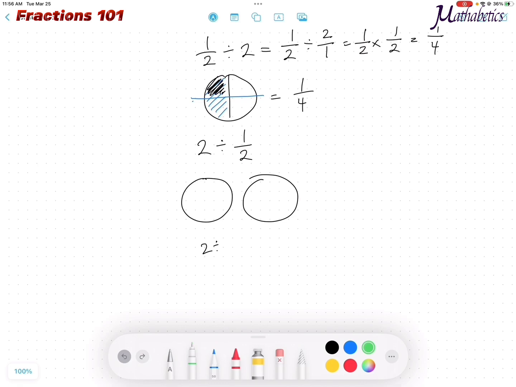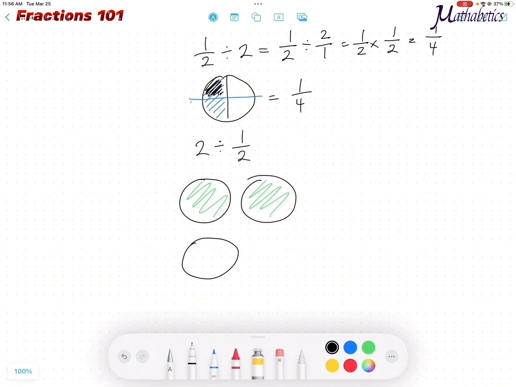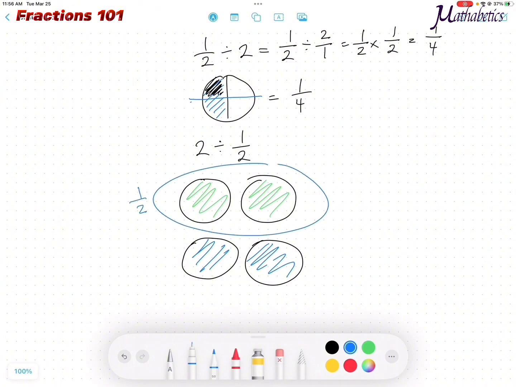But I'm dividing by half, meaning I'm treating this whole thing as one of those pieces. Now, what happens to the other part? Well, that means I need to add exactly 2 more of these so that I can take this as half of it. So this will be half of it, and this will be the other half of it. Now, so then I have 4.